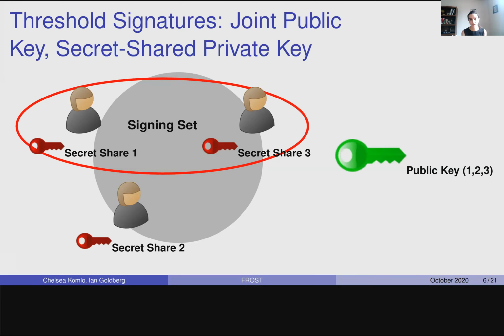But in this setting, this secret share represents the secret signing key. And then this group is represented by one joint public key. So to the rest of the world, this entity is like one entity. There's one public key, but internally the secret signing key is partitioned in this T out of N access structure.